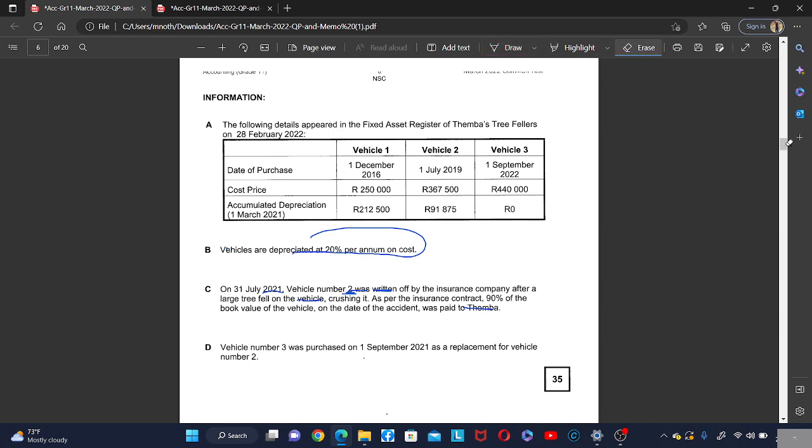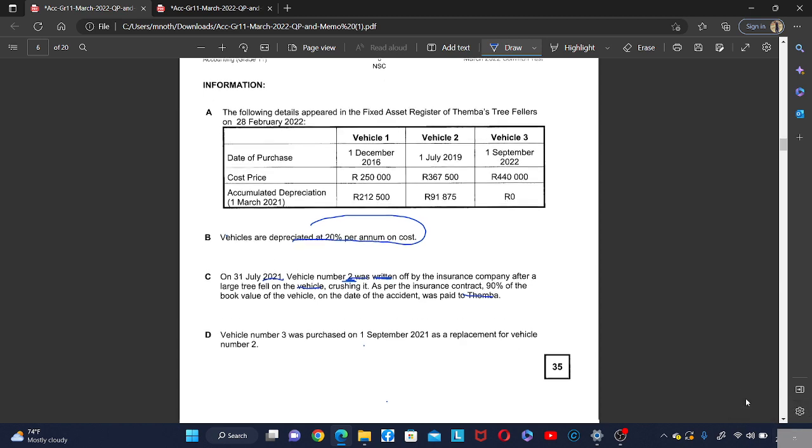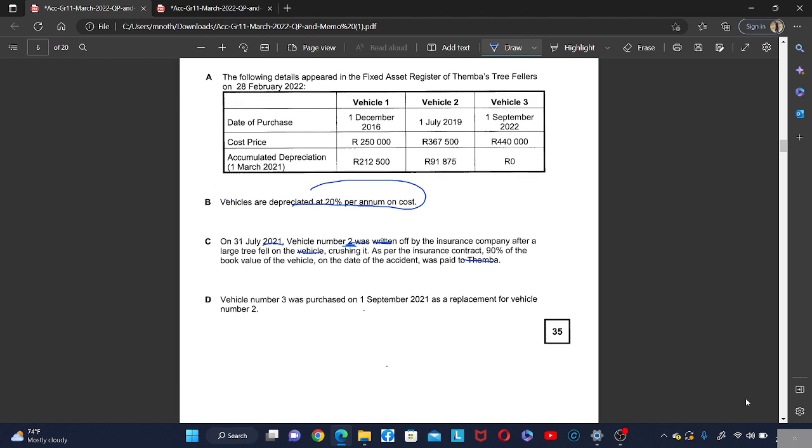Let's open the accumulated depreciation account. Accumulated depreciation on vehicles.